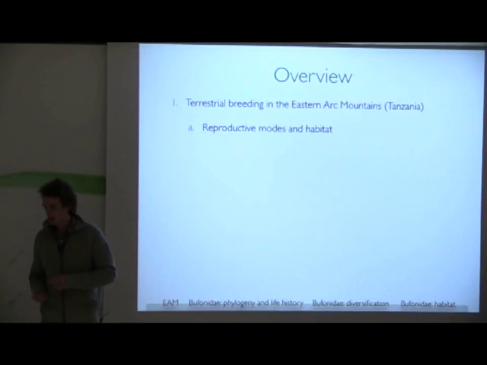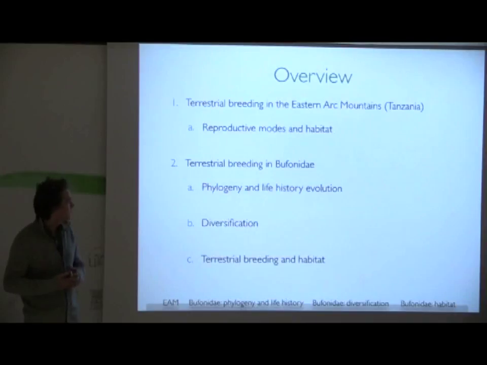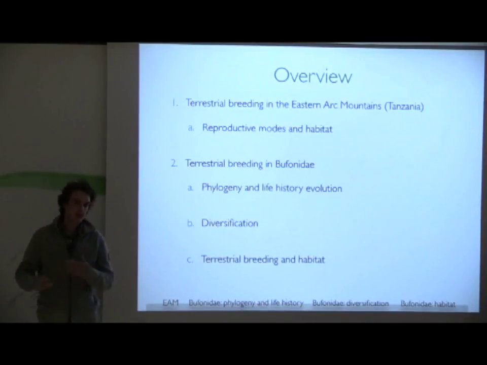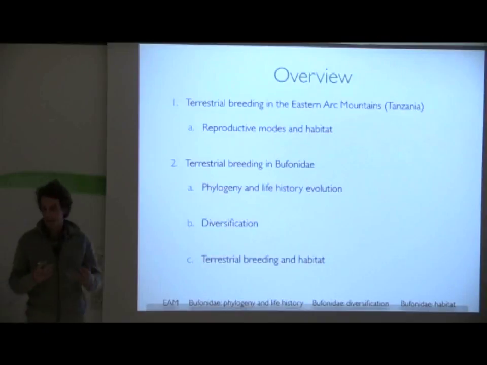And the second approach was to look at a taxonomic system. And this was the Bufonidae, the true toads, and there we spent a lot more time constructing phylogeny, looking at life history evolution, looking at diversification rates, and also circling back and addressing the question of terrestrial breeding and habitat.